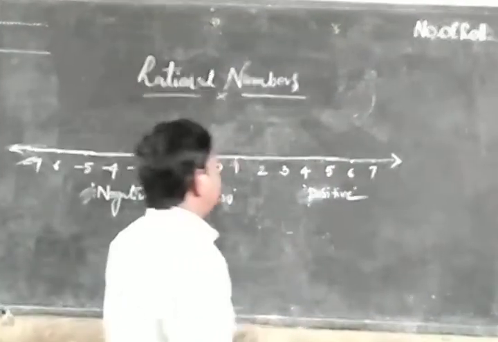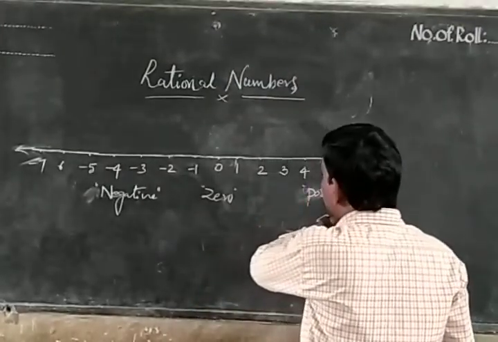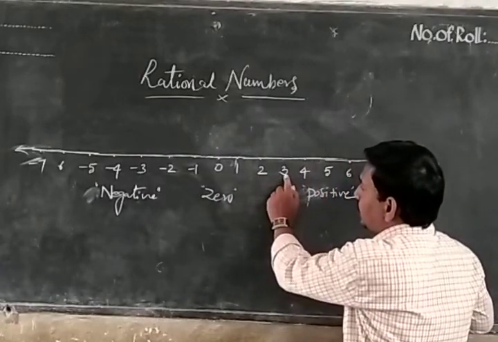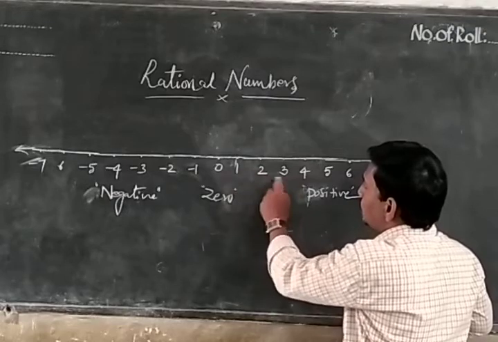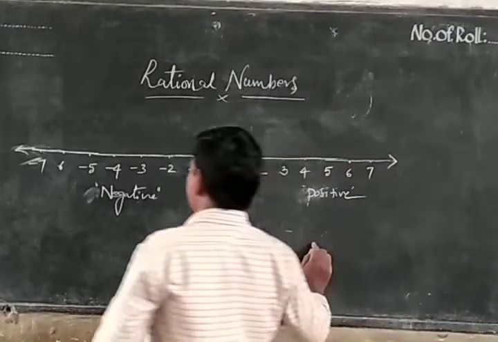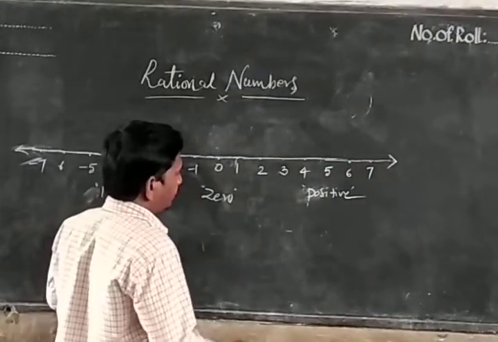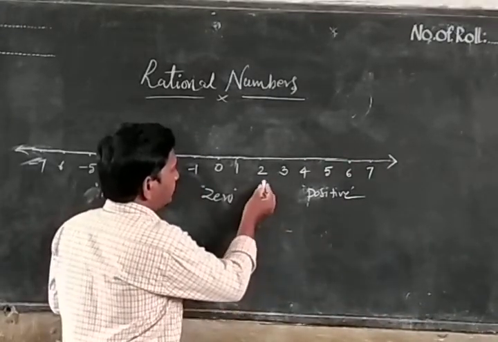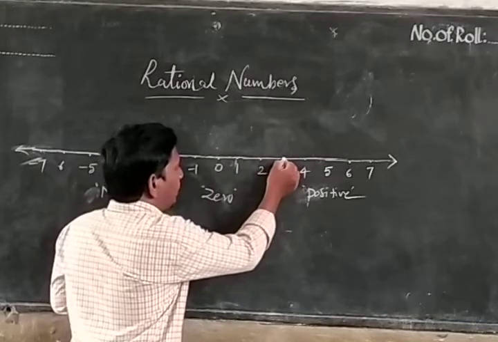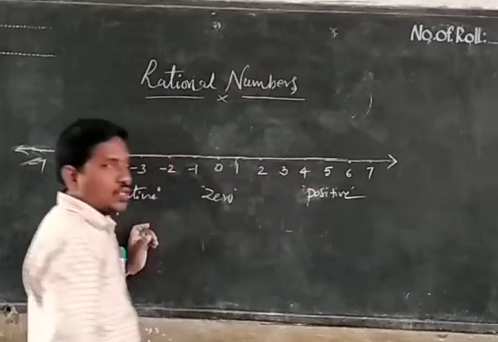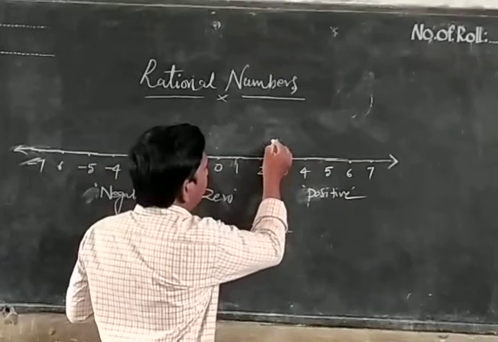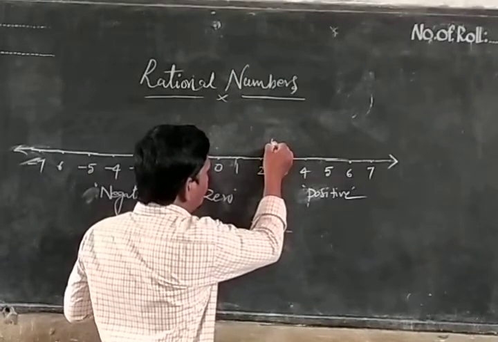For example, this is 2 and 3. 1, 2, 3, 4, 5, 6, 7. So, between number 2 and 3, this is 5 by 2.